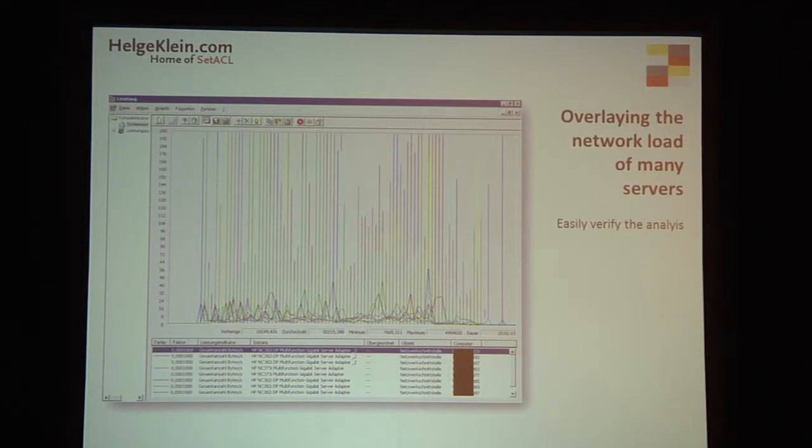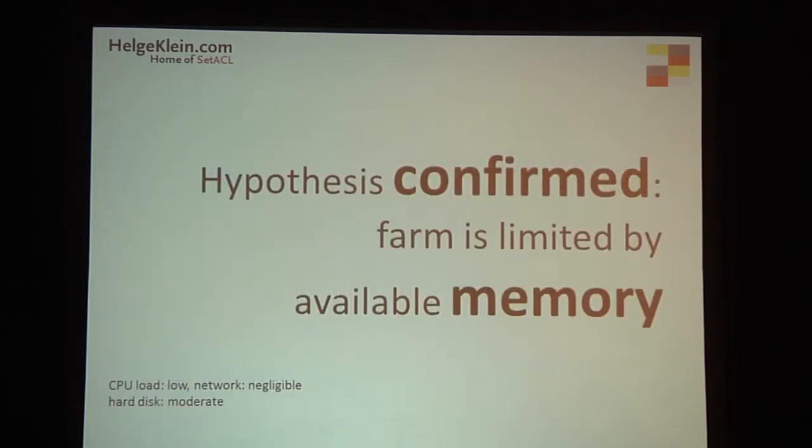Now, after looking at all these graphs, I would say that the hypothesis that this farm is limited by available memory could be verified. We have low CPU load, negligible load on the network card, and somewhere in the area of moderate hard disk load.